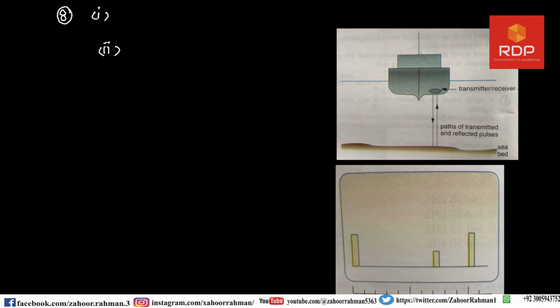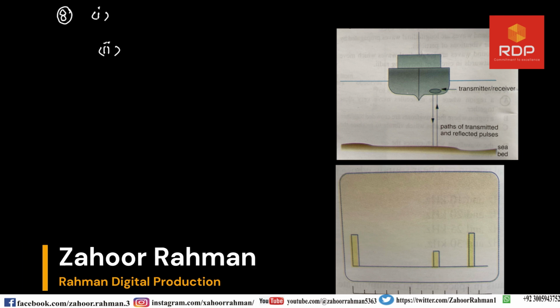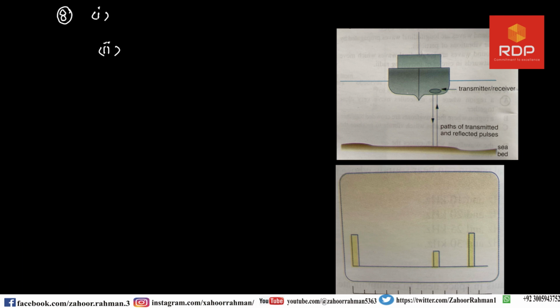Now let us turn our focus to question number 8. That is the final question. The question is a longer one, but the answers are short. These two figures are given and you have to think on it while understanding the question. The diagram below shows a boat which sends out pulses of ultrasonic, meaning high frequency sound waves, at intervals of 10 milliseconds.